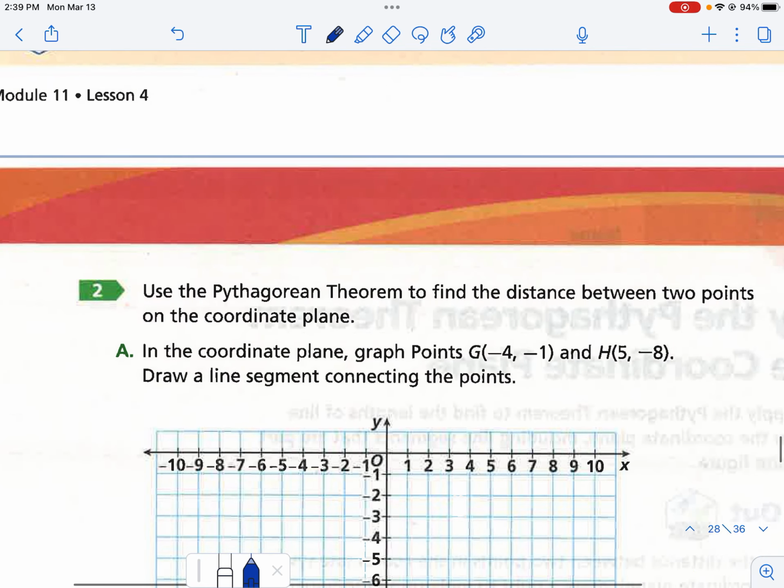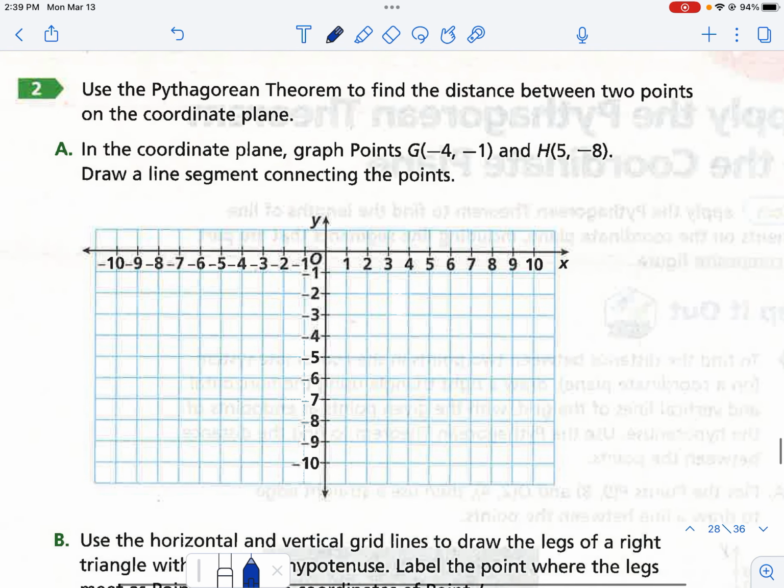Okay? So then we come to this one, and we're going to do the exact same thing. I'm going to go to -4, -1, and plot a point. And that's at -4, -1. Then I'm going to go to 5, -8, and plot a point.